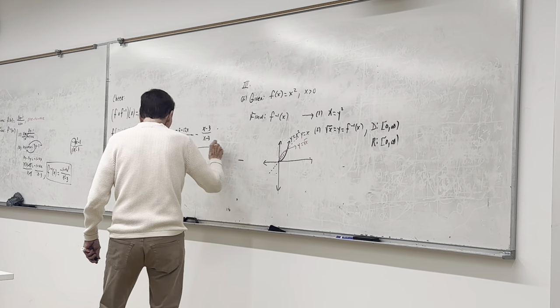Help me out. 4x minus 12 over x minus 3. Yes, we have 4x minus 12 over x minus 3. That's what I want here. Little algebra.